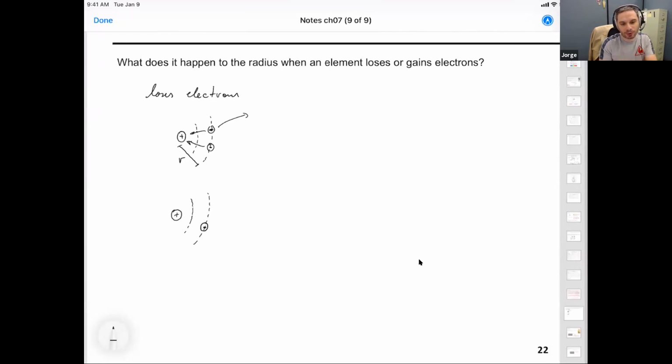So as a result, because there are fewer negative charges to split the attention of the nucleus, the positive charge will pull this charge with a higher intensity. That means every time an element loses an electron, that results in a decrease of the radius.